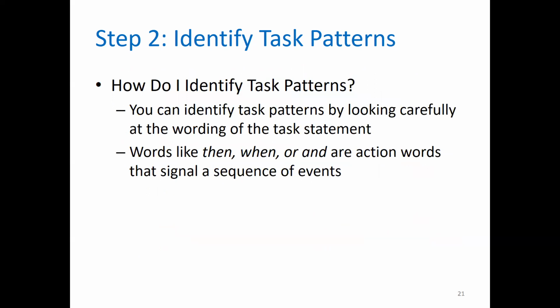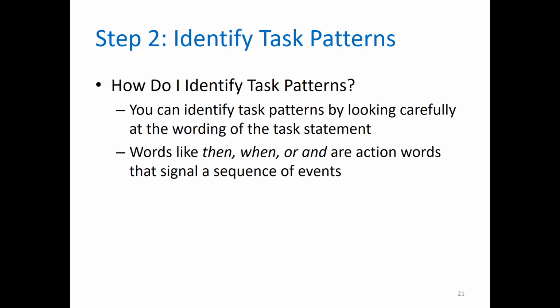Okay, slide number 21. How do I identify task patterns? You can identify task patterns by looking carefully at the wording of the task statement. Words like then, when, or, and are action words that signal a sequence of events. It's pretty simple. If you have an essay or a paragraph given, how would you go about identifying tasks or task patterns?